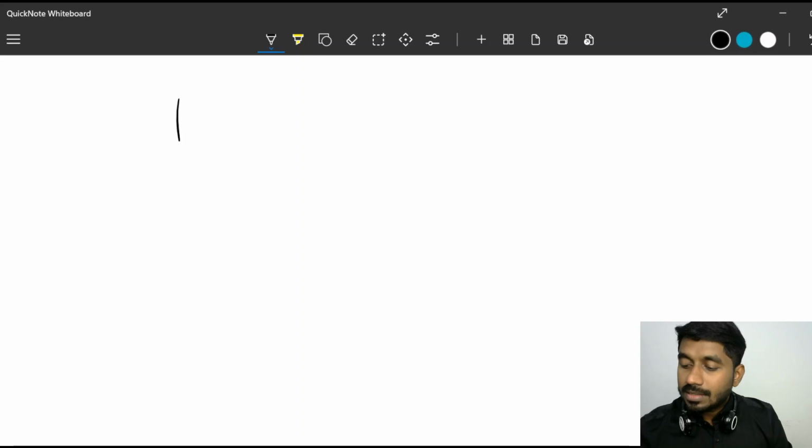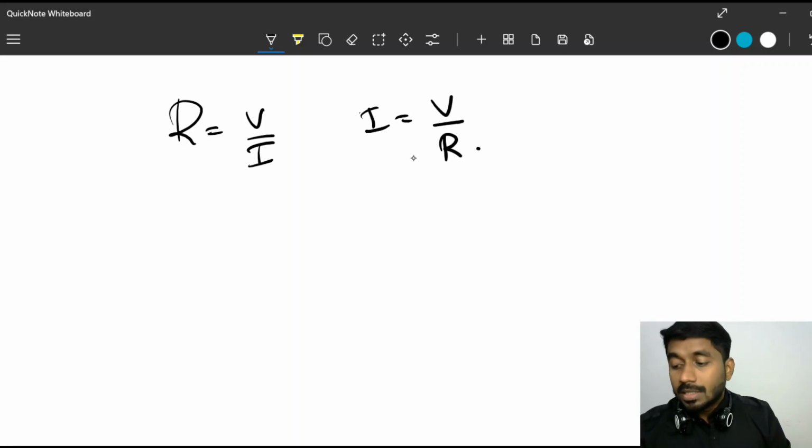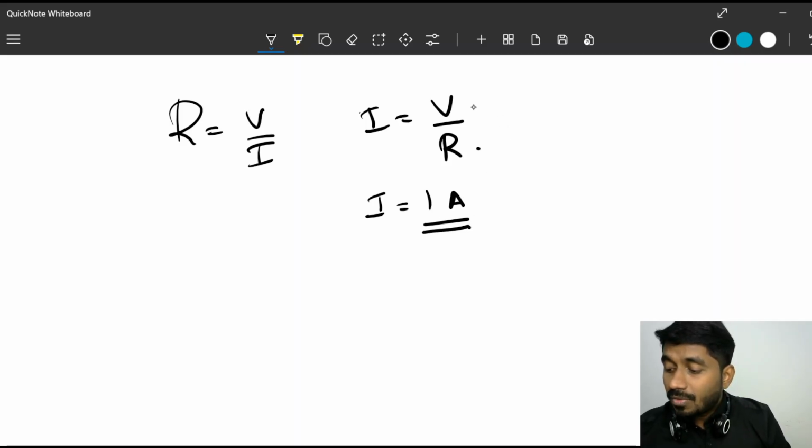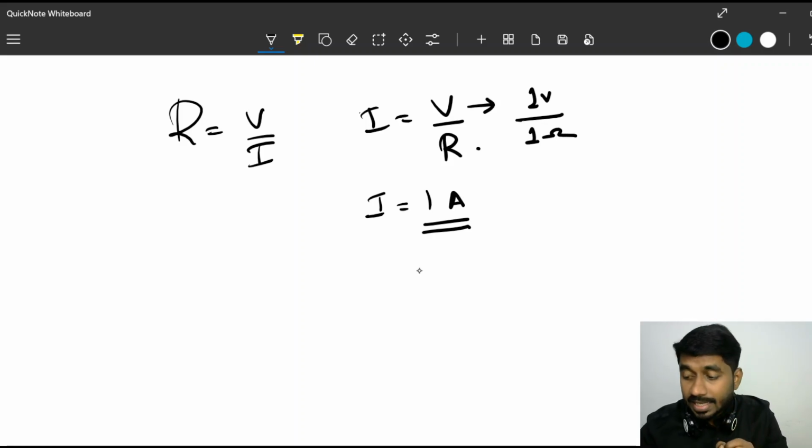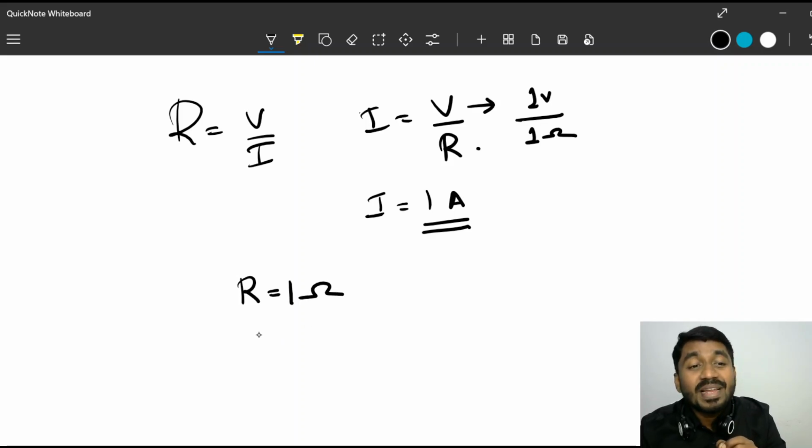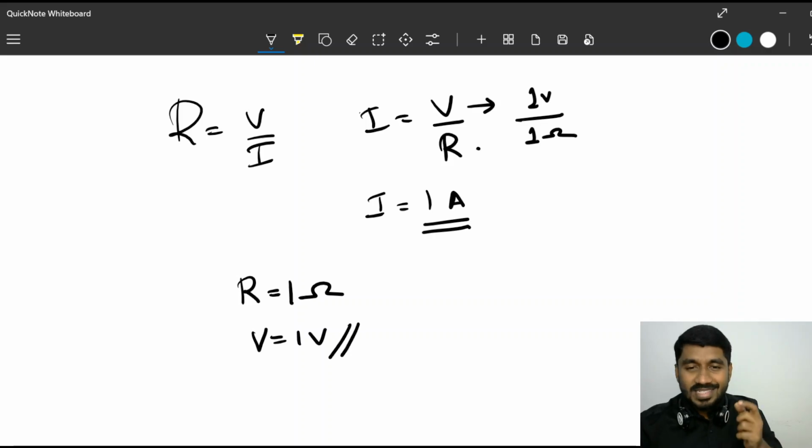So we got the equation as R is equal to V by I, or I is equal to V by R. So we can define a current I equal to 1 ampere. It is the current when voltage is equal to 1 volt and resistance is equal to 1 ohm. So how can we define a 1 ampere current? It is the current flowing through a conductor of resistance 1 ohm when a voltage of 1 volt is applied. Just keep in mind, these are the basic important things in Ohm's law.